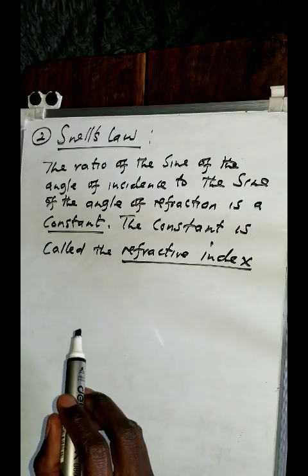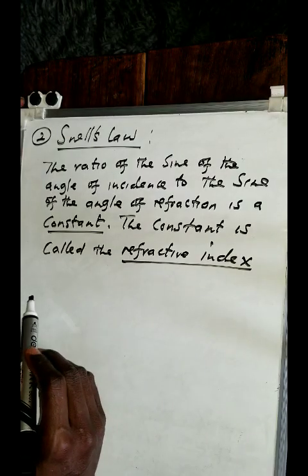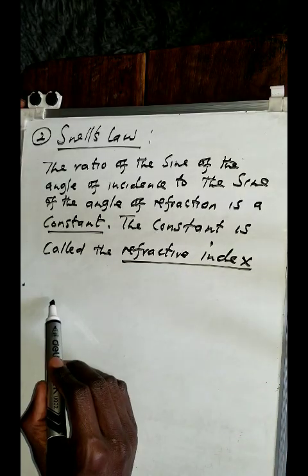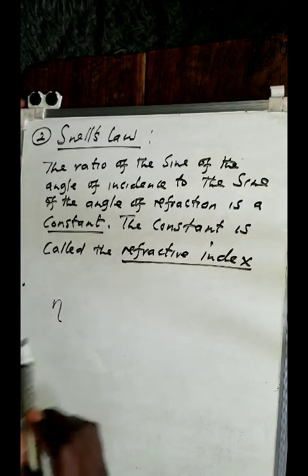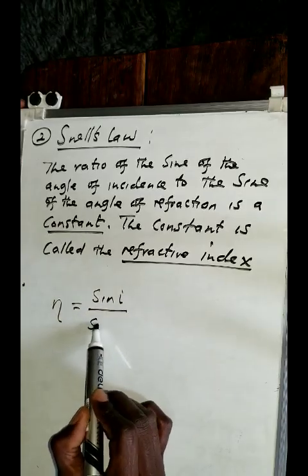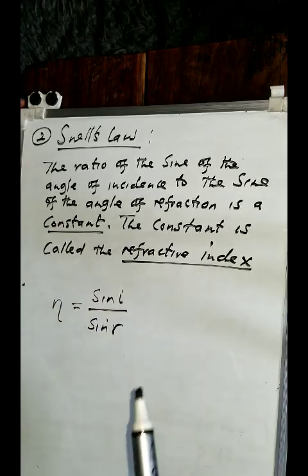So according to Snell's law, the refractive index, in other words the constant, is equal to sine i divided by sine of the angle of refraction.